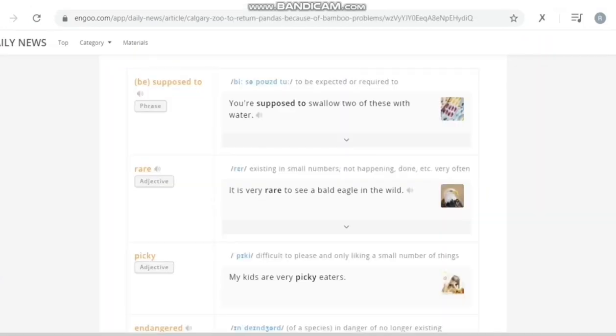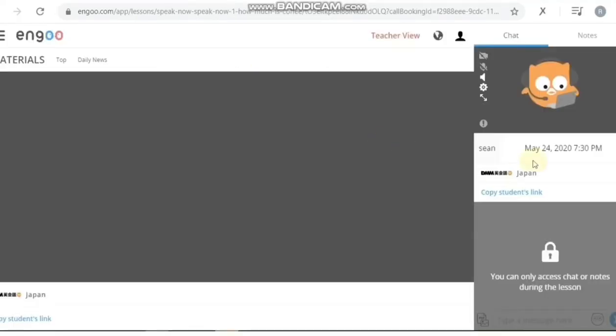Next is to ask the student if he wants to read the words and sentences by himself or not. You can do read and repeat. Okay, it really depends on your student's preference. And then maximize the use of the chat box.